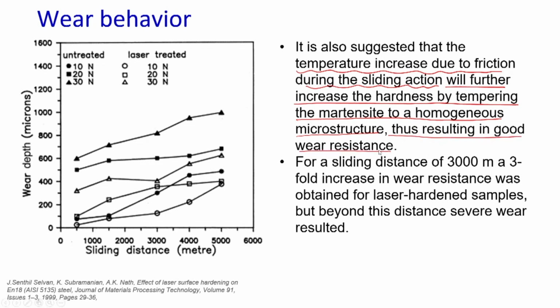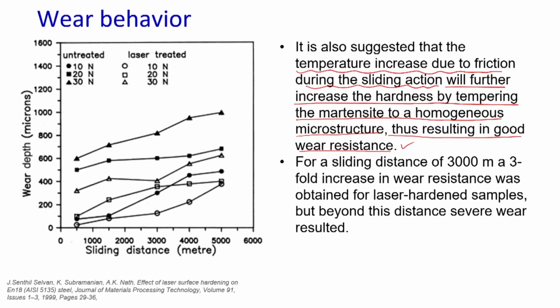It is not only the hard surface which we have used during the pin on disc experiment; the heat generated during the friction of the pin with the rough surface of the disc caused tempering, and the tempering generated a homogeneous microstructure from the martensite, which resulted in very good wear resistance. So, both factors are there: the hardness of the laser treated surface plus the tempering due to the heat of the friction as well.